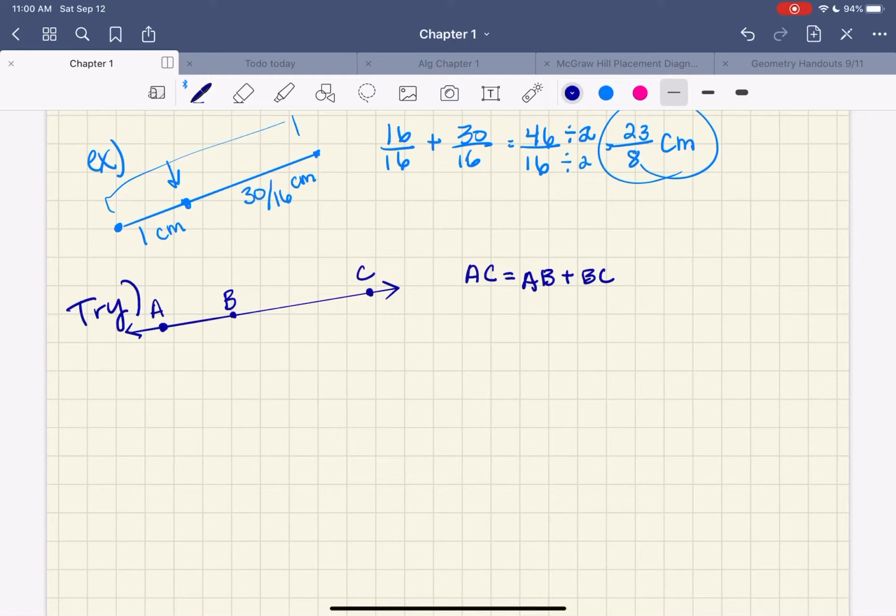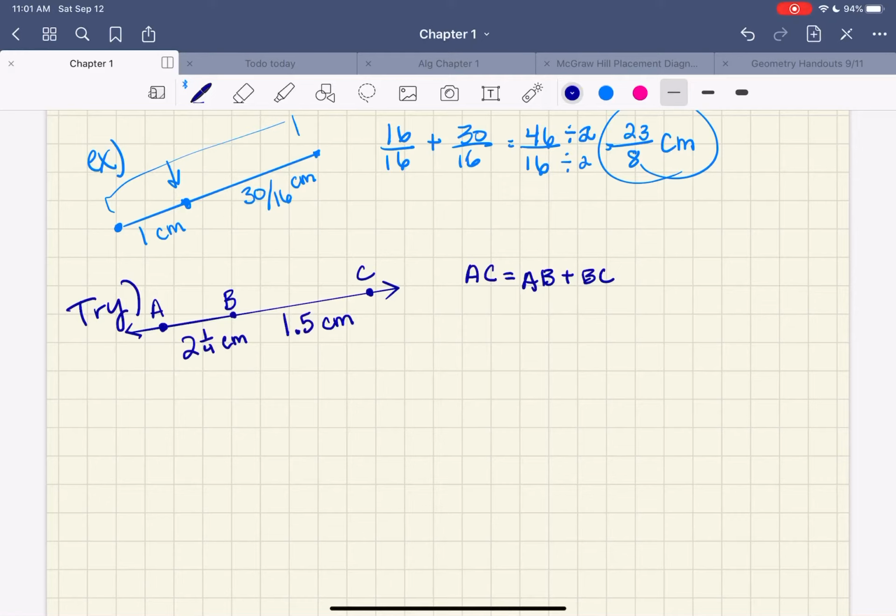So give this one a try. I'm going to give you 2¼ centimeters and 1.5 centimeters.